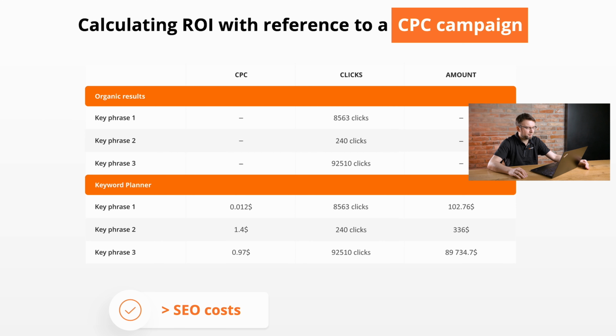By collecting all keywords from the Google Search Console, thanks to which users visited our website, and by calculating the total sum and comparing it to SEO costs for a given period, we are able to determine whether it was worth investing in this type of campaign. If the money spent on SEO is lower, then we are fully successful.